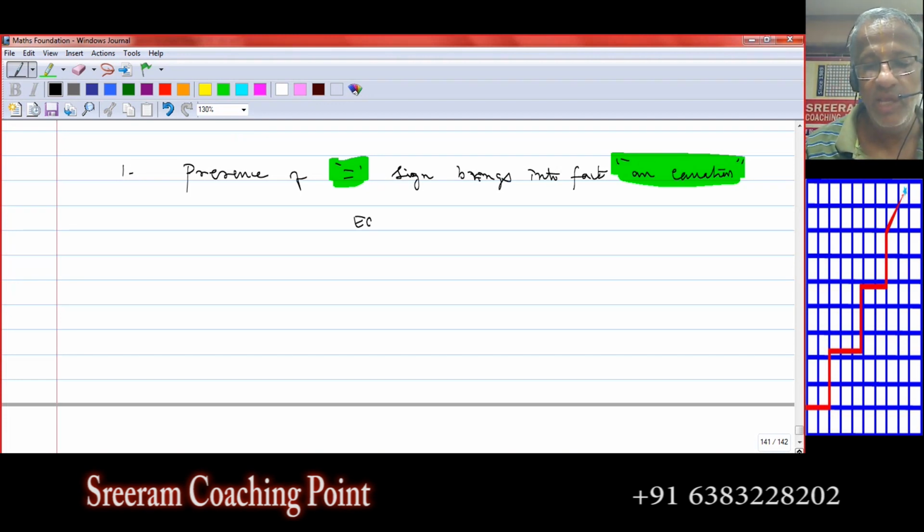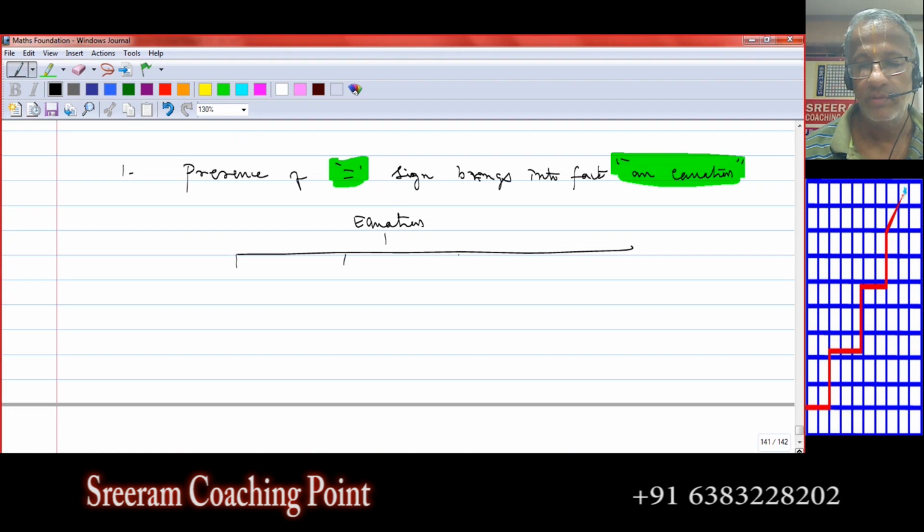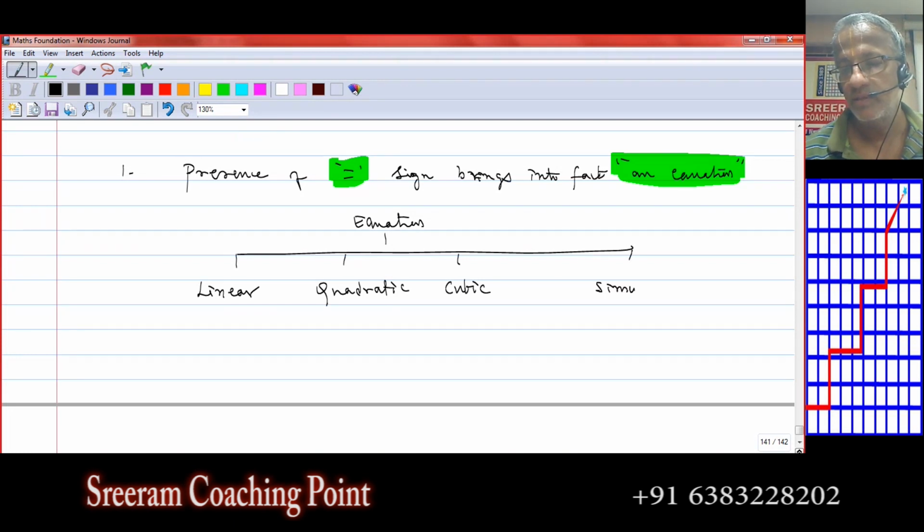We have in equation: linear, quadratic, cubic and simultaneous.